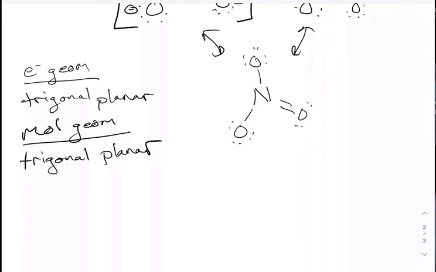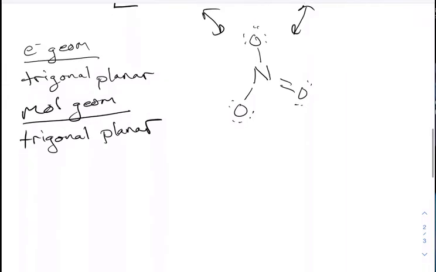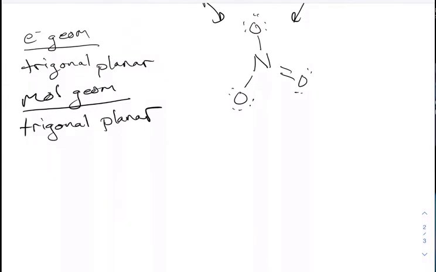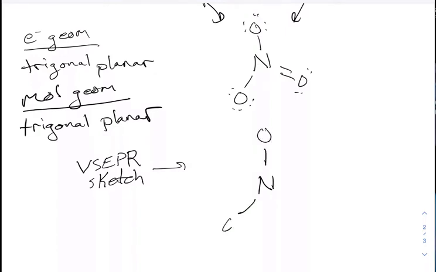So electron and molecular geometry are the same, nothing too out of the ordinary, which means the VSEPR sketch, if this thing is trigonal planar, which means it's flat, is really easy again, similar to the last example. There's no 3-dimensional aspect to things here. So our VSEPR sketch is just simply going to be showing our atoms in a trigonal planar shape. I apologize for my lack of artistic skill, and trying to do this on an iPad is sometimes even more challenging.